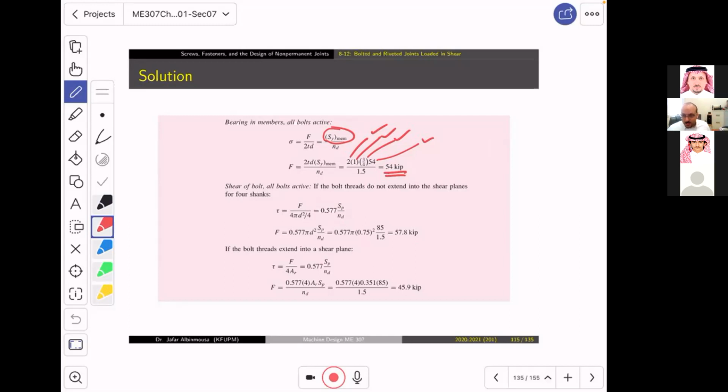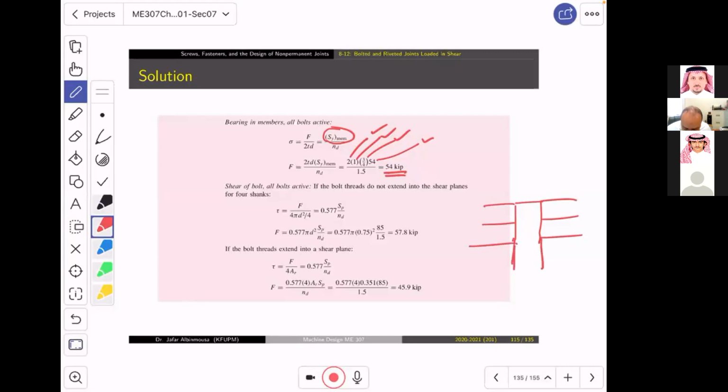The member will not be sheared off, but the bolt is. So what happened is this. The shear of the bolt is the following. If the bolt thread does not extend into the shear plane, what we are assuming is that the shearing is happening in the shank area.